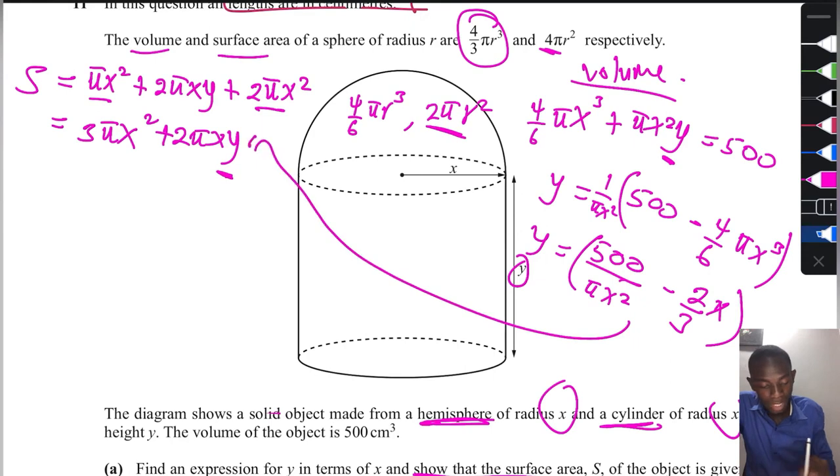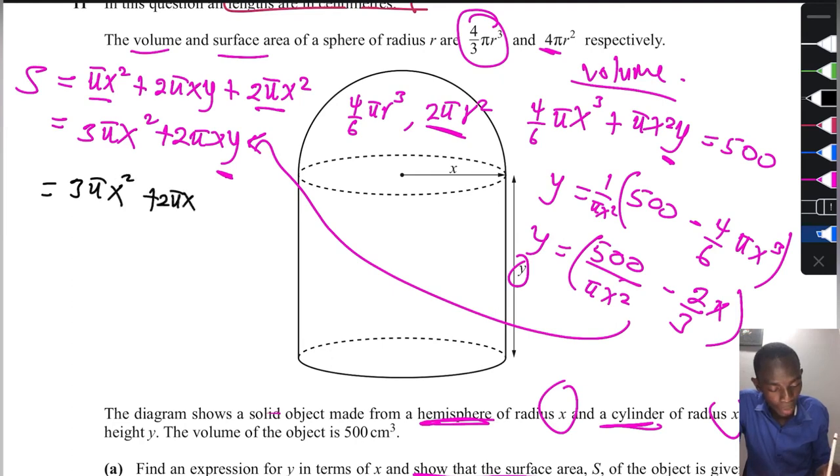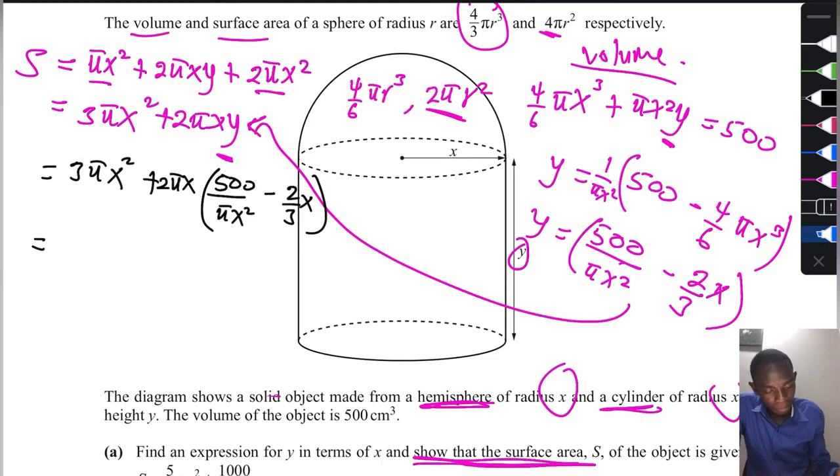I'm going to dump this thing right here. So I'm going to have 3 pi x squared plus 2 pi x into brackets 500 over pi x squared minus 2 on 3x. Okay, and that will give me... let's expand.